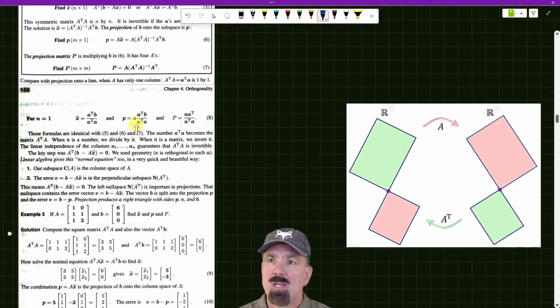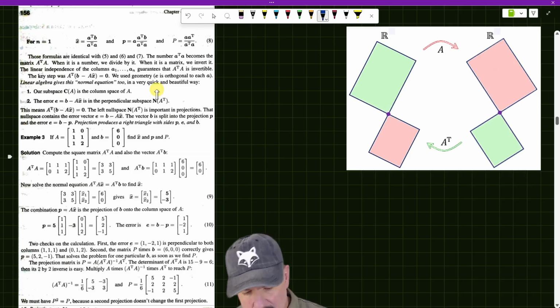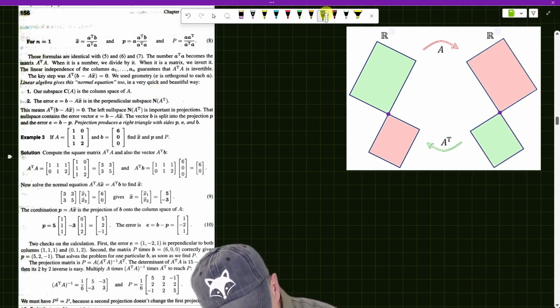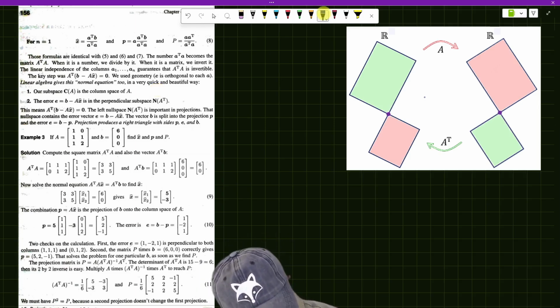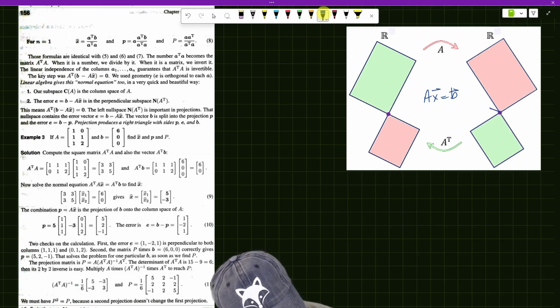I'm going to leave you to read through this conversation. What I want to do right now is emphasize what it is that we are attempting to do. We have the problem Ax equals b, but b lies outside of the column space. Recalling this is the column space of A, this is the null space of A transpose.